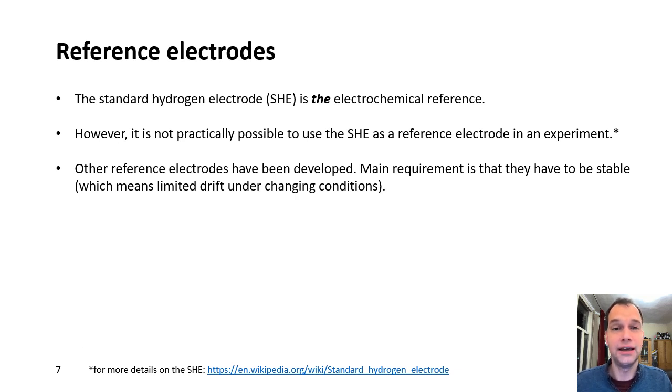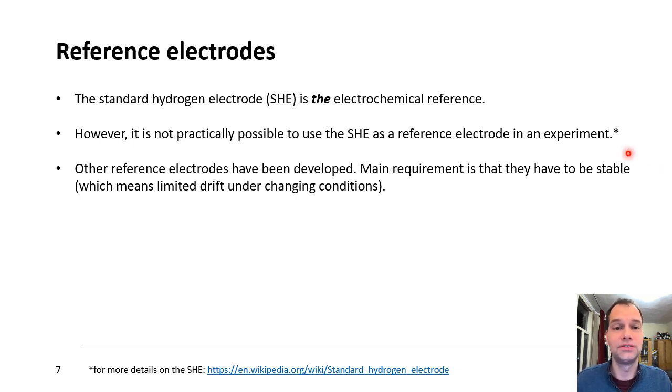So in practice, we use other reference electrodes to do our laboratory experiments, which we will explain more in depth in Module 7. But here we want to briefly discuss what these reference electrodes are and how you can calculate their potential.